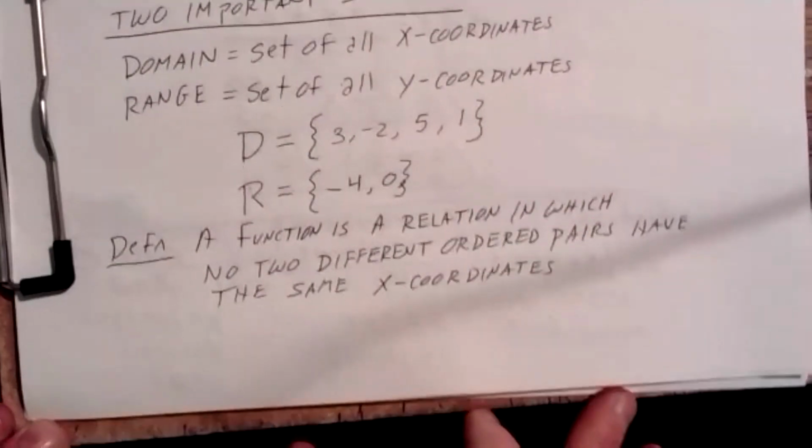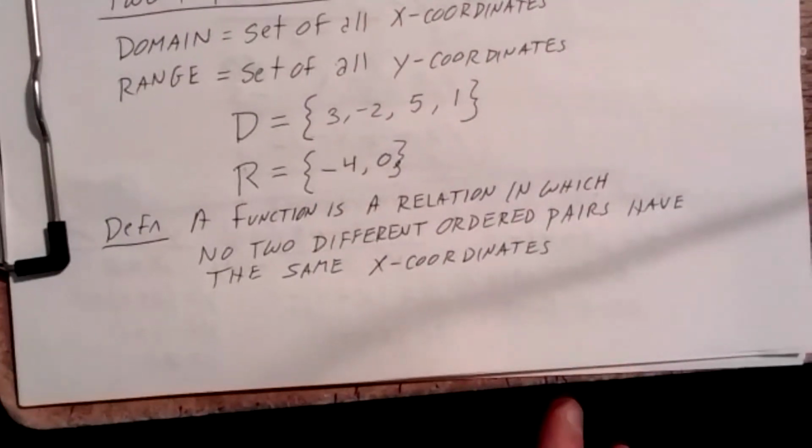In other words, ladies and gentlemen, all the x coordinates have to be unique for a relation to be a function.